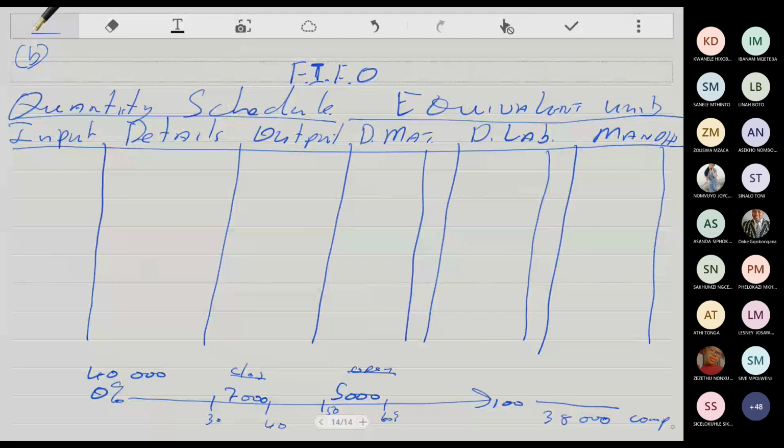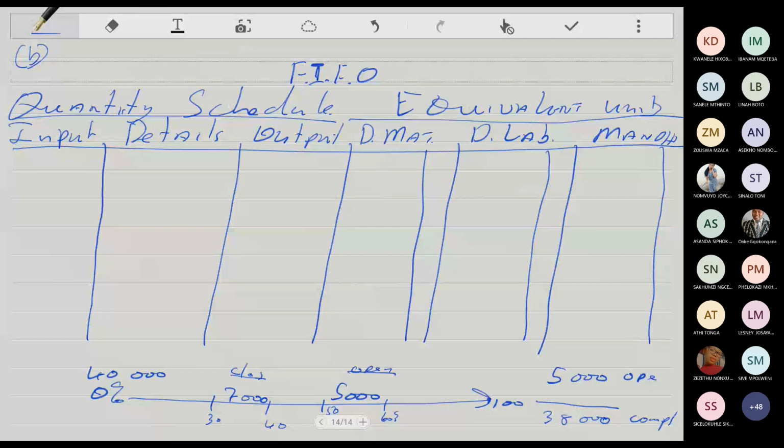But now because we're using first in, first out, by the time we reach 100%, we can clearly identify our first in units, because the first in units are going to be the first units that go out. So if we've completed 38,000, we are confidently sure that out of this 38,000, 5,000 was from the opening.